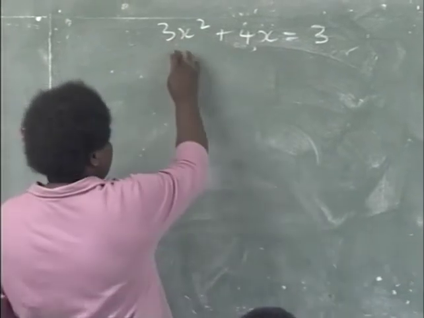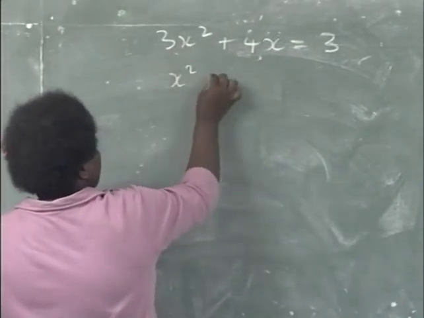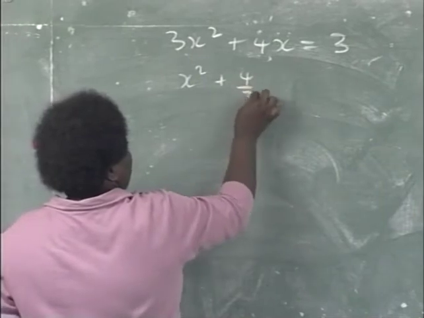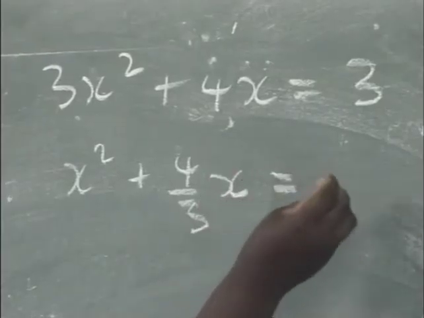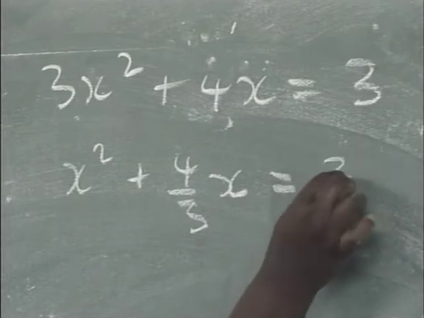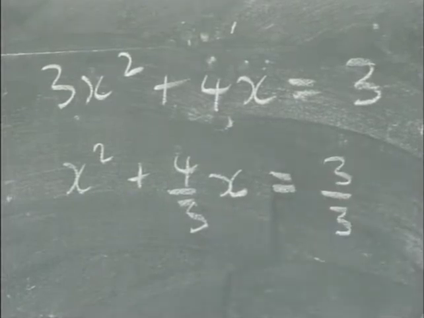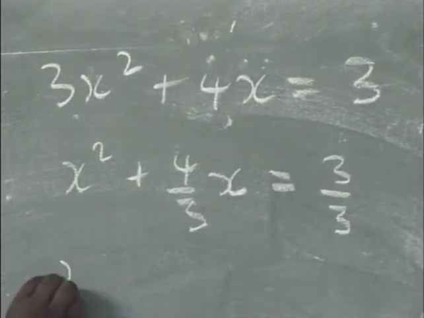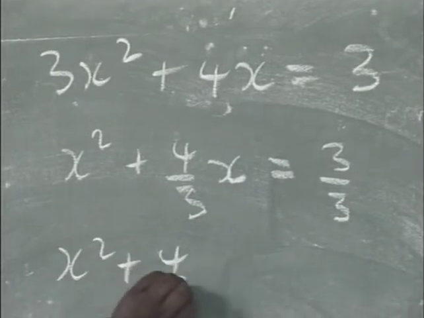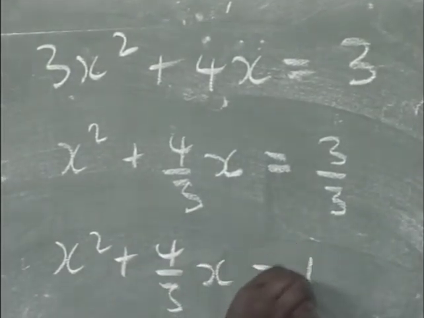So if I divide this by 3, I will get x squared. Then I get 4 on 3 x equals 3 on 3, which is 1. Okay, so I now have x squared plus 4 on 3x equals 1.